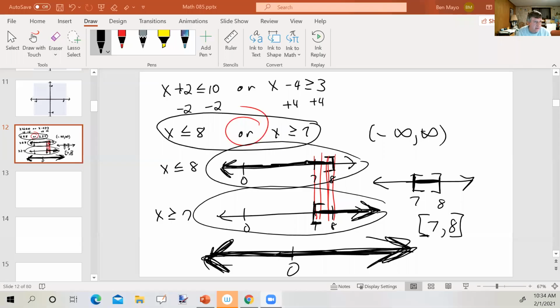Okay, let's see here, make sure I've got the screen up. We're going to take a look at some more here now. Okay, let's see.